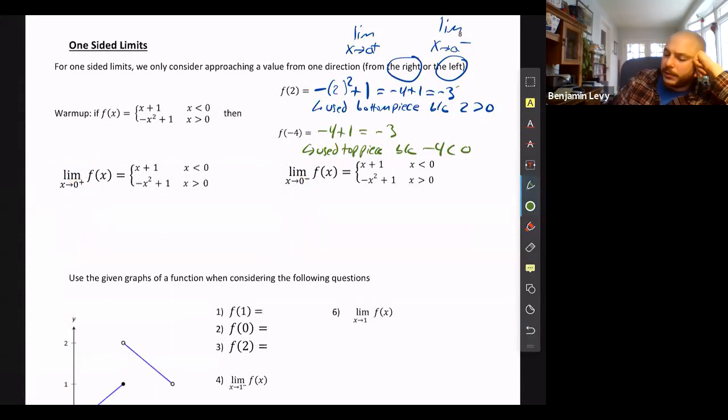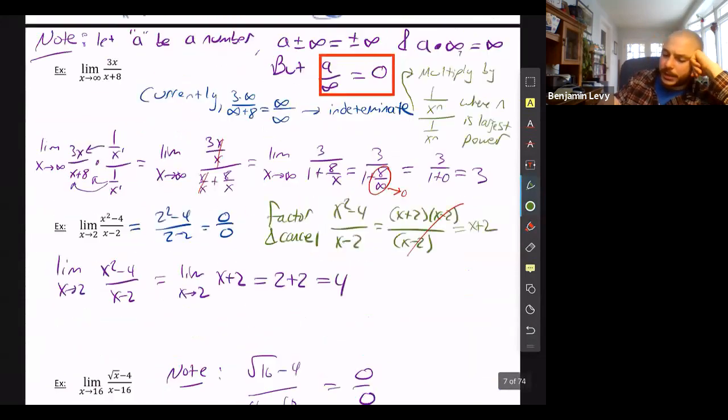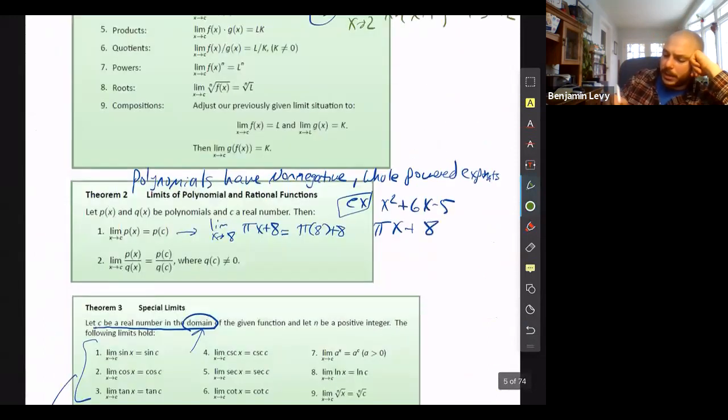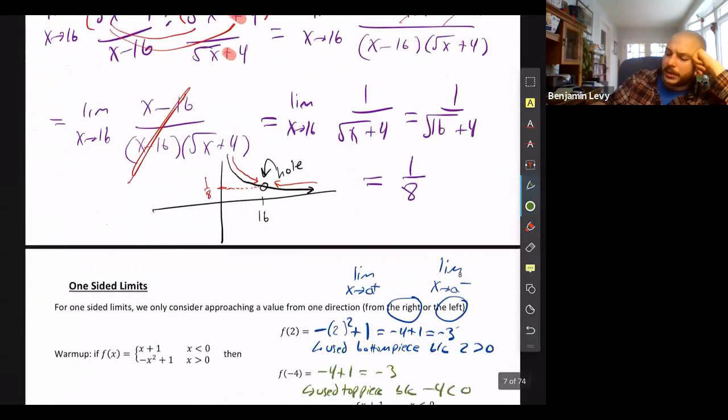Also notice that these individual pieces are polynomials. And so we learned previously, if we have a polynomial, you can just plug the limits right into them. That's what we learned on Friday. And so let me remind you of that right here.